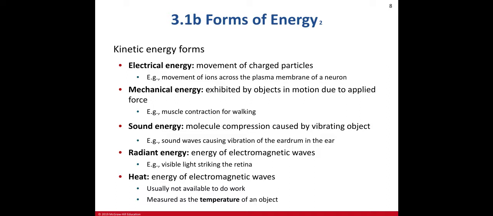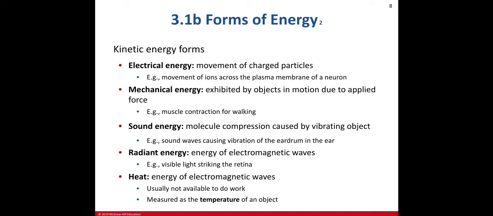We also see mechanical energy, which is going to be exhibited by objects that are in motion because of some sort of force. And we see this when your muscles contract, which allows you to walk or to move your body. There's sound energy, which is compressing molecules because of vibration. And we see this in sound waves that cause a vibration that hit your eardrum in your ears, which then is what allows you to hear things.